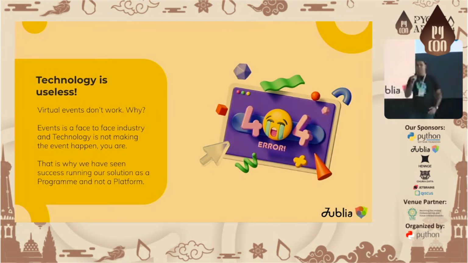That's the same we have learned while working with about 7,000 events in the past 10 years, that it's the people going to the event which makes it a success, not the technology itself. The technology aids to make it happen, but it's not the driving force of the event itself. That is why Jublia will run as a program, not a platform.